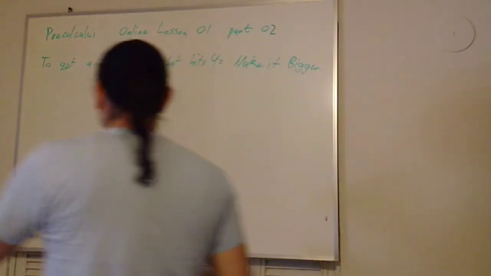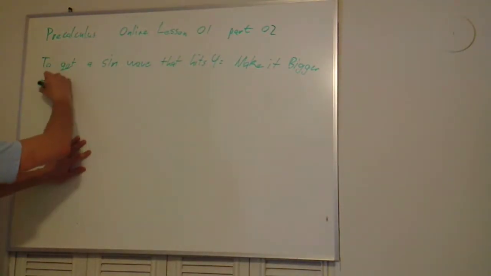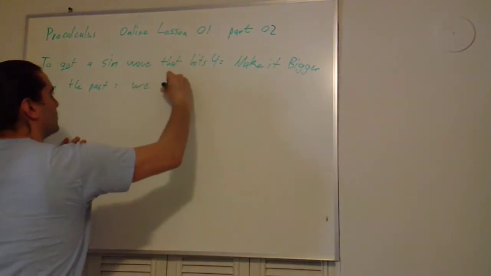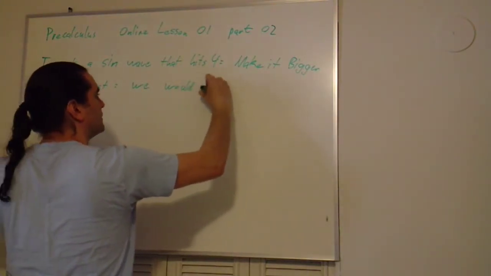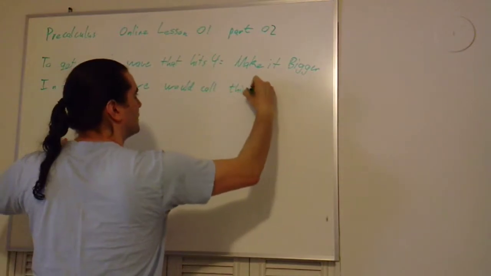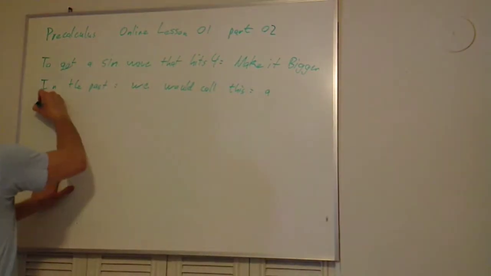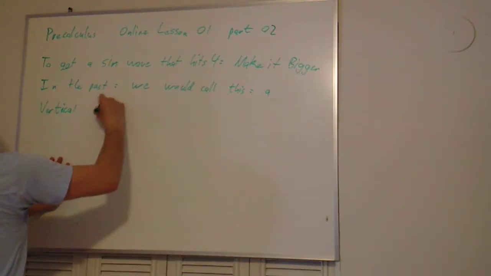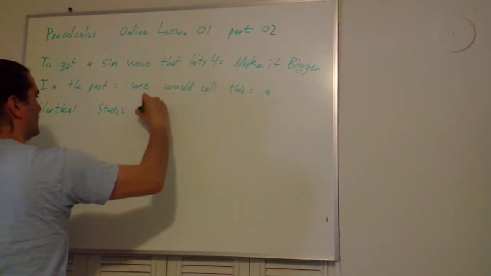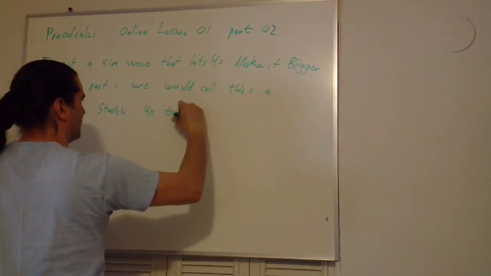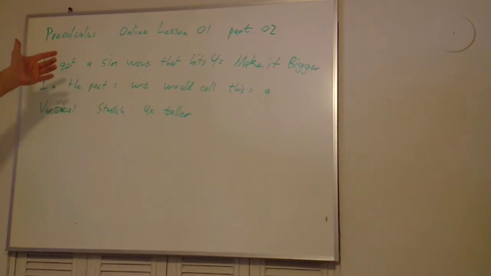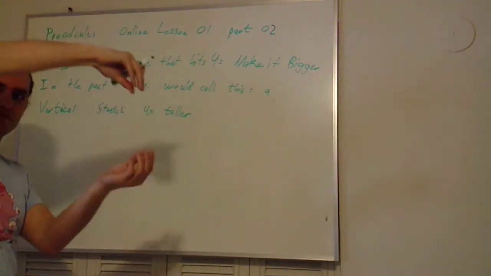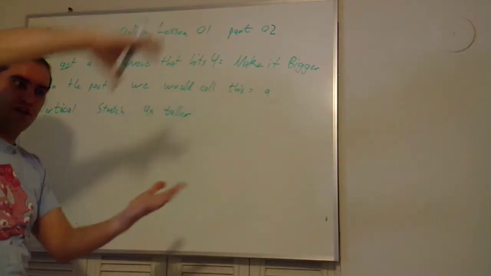So in the past, we would call this a vertical stretch. 4x taller. That's how we can make a sine function hit 4. You take your sine function, you stretch it 4 times taller. Now you get a sine function that hits 4.